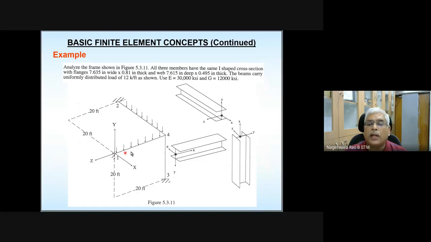So this is element 1. For element 1, this is node 1, this is node 2, and node 3, only for calculating unit vectors along small x-axis, small y-axis, small z-axis, is identified here. This is identified as node 3. What is the use of it? We will see in a while.